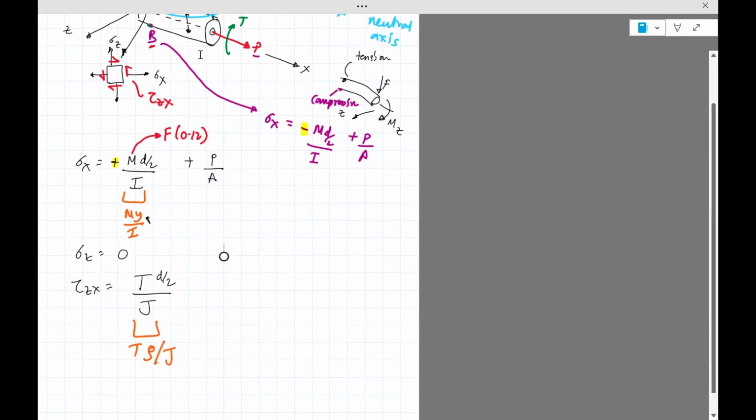Okay. F is given, so let me just sub in that value. F is 1.75 kilonewtons. So this is 1.75 times 10 raised to 3 times 0.12. And then torque is also given. It's given as 72 newton meters. So that's known.